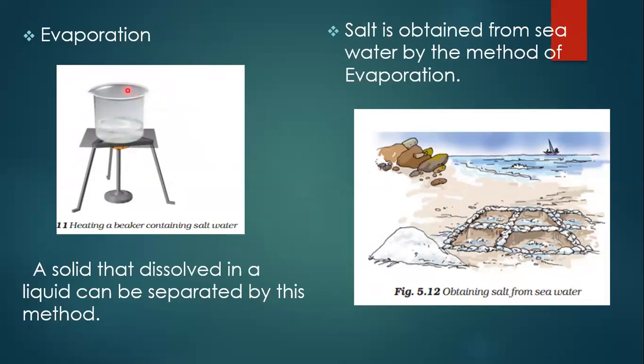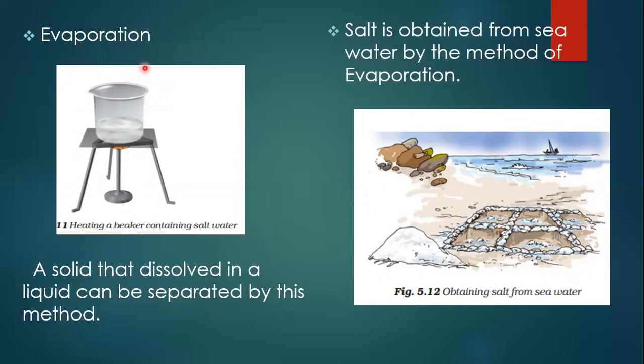For that we can use evaporation. We will take the salt solution in the beaker, then we will heat the solution. On heating, all the water will get evaporated, only the salt particles will remain in the vessel. So a solid that dissolved in a liquid can be separated by evaporation.